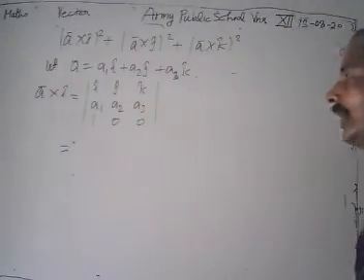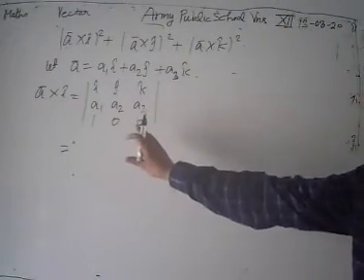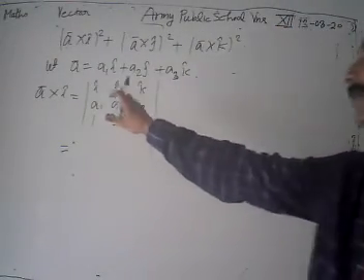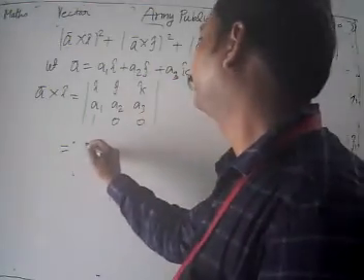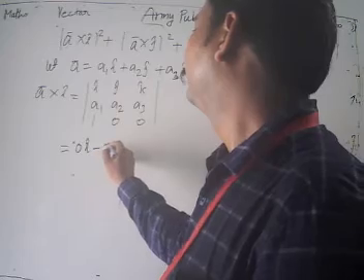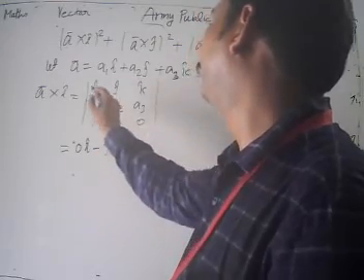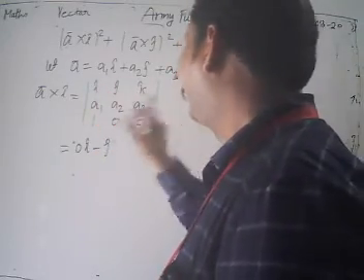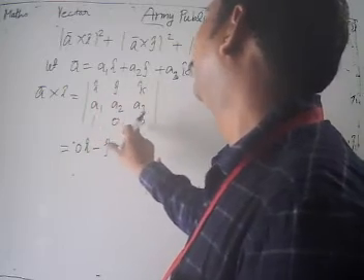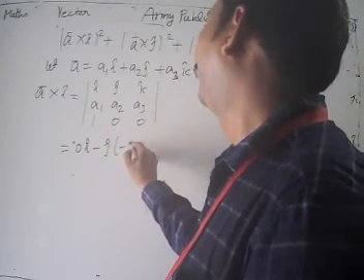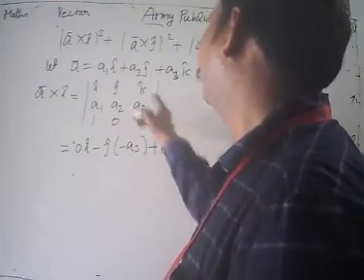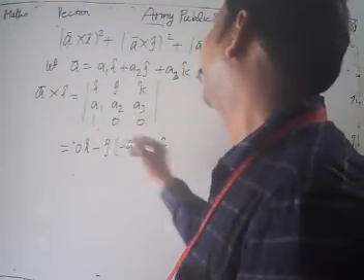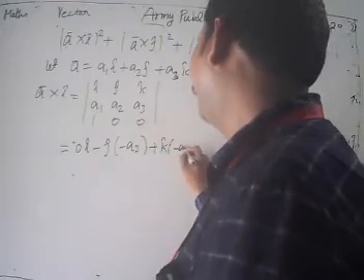Vector A cross i. When we define vector A cross i, then what do we take? We take i cap: 0 i cap, minus j cap, what do we get? Minus A3 j cap, then plus k cap, then minus A2.